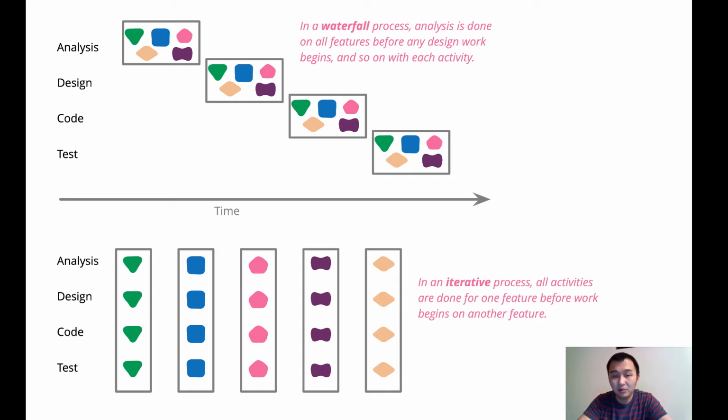First of all, the waterfall process, even though it's old, was the primary software engineering process model that almost all software development teams used. The waterfall process starts out with analysis, design, code, and test.